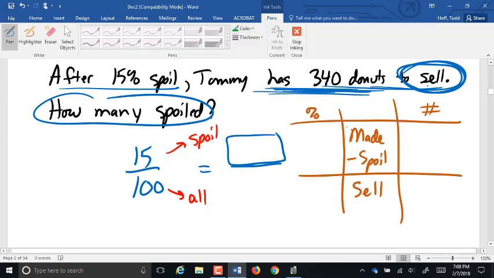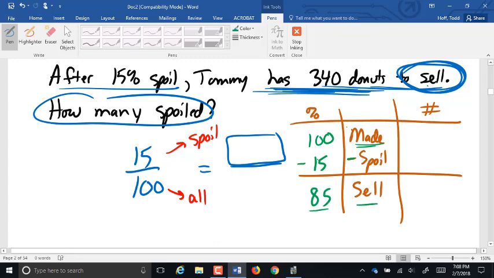On our percent side, we have the 15% that spoil. And of course, this number here is always our base amount. That's our 100%. We subtract the spoiled from the ones that were made, and we'll do that with the percents as well. 100% minus 15 is 85%.